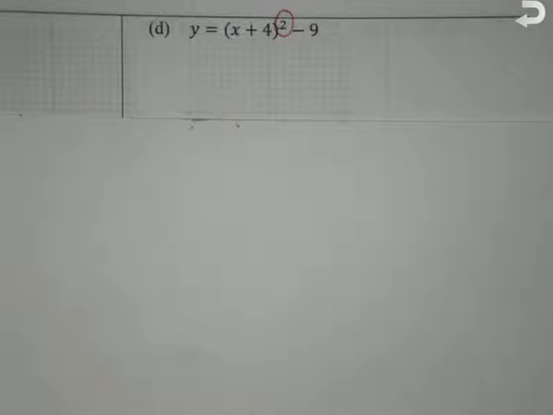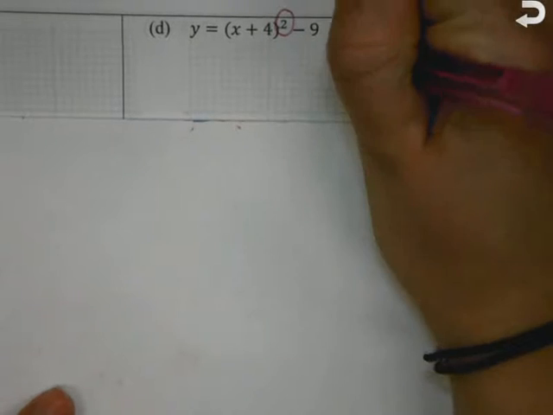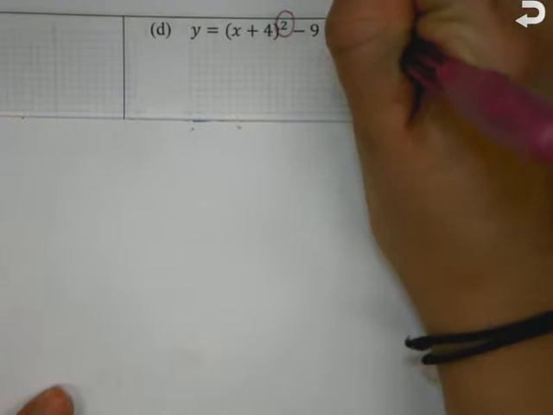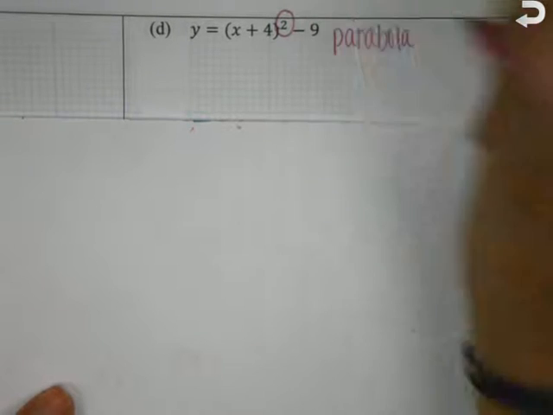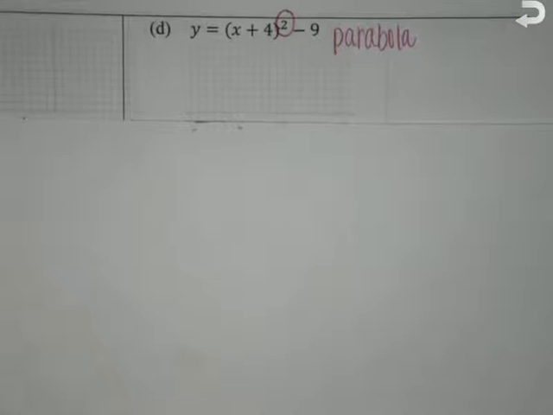Not a line. What other types of graph do we know? It's a parabola. How many types of graphs have we talked about, guys? Lines and parabolas. We'll get there. Okay, so this is a parabola. It looks something like this.